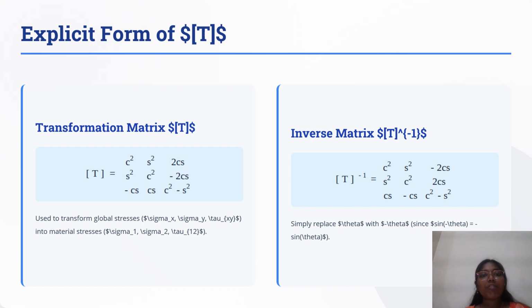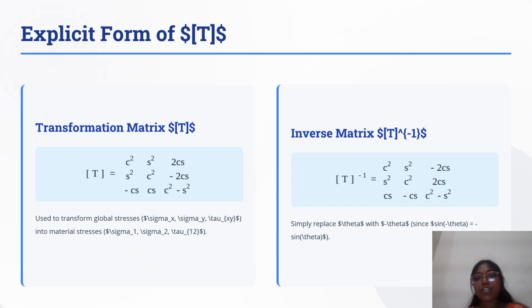Explicit form of T. Transformation matrix T equals: c square, s square, 2cs; s square, c square, minus 2cs; minus cs, cs, c square minus s square. Use it to transform global stresses sigma x, sigma y, tau xy into material stresses sigma 1, sigma 2, tau 12.